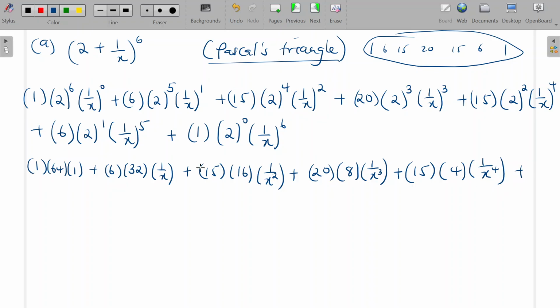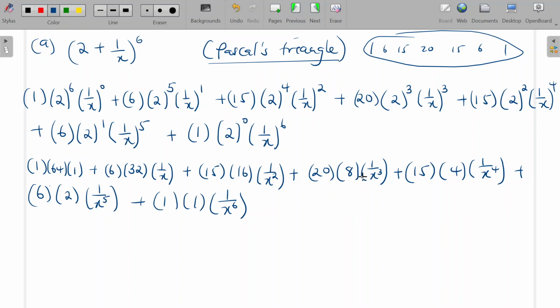Plus this one will be a 6, 2 to the power 1 is 2, 1 over x to the power 5. Then plus 1 over x to the power 6.